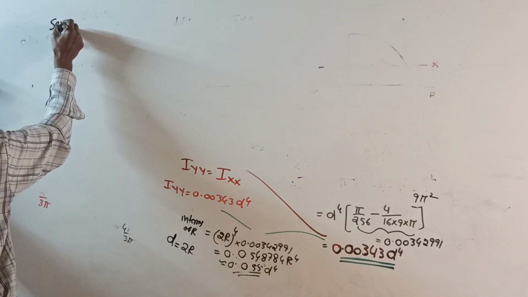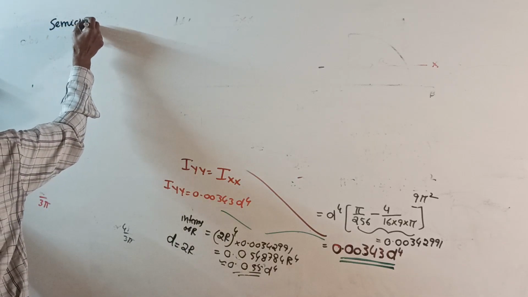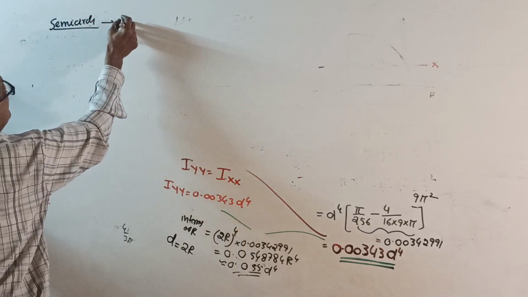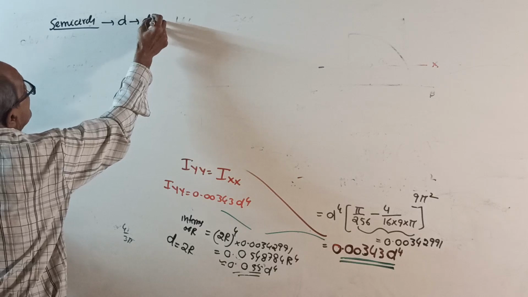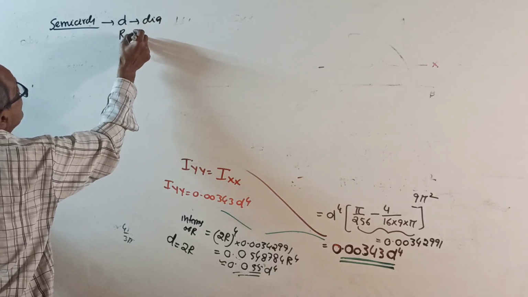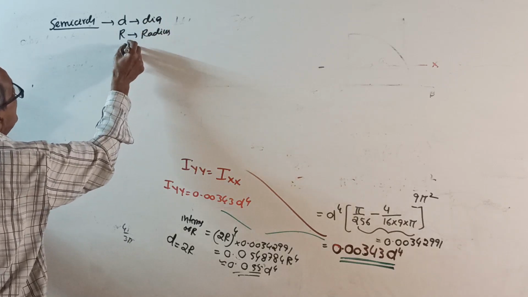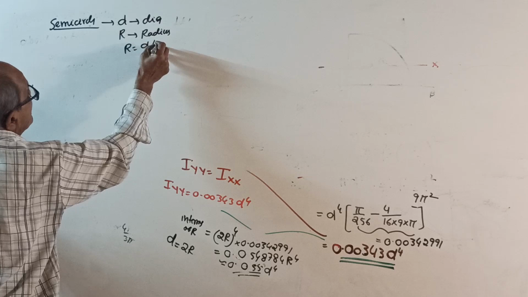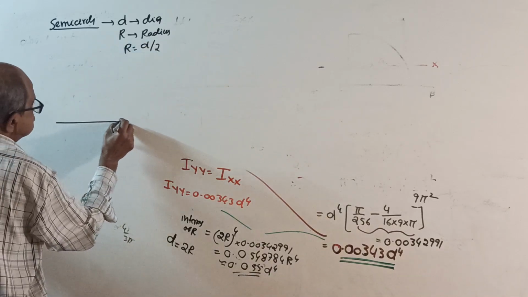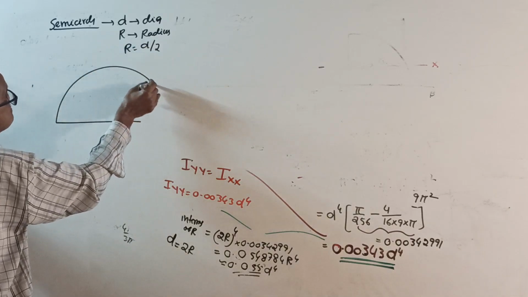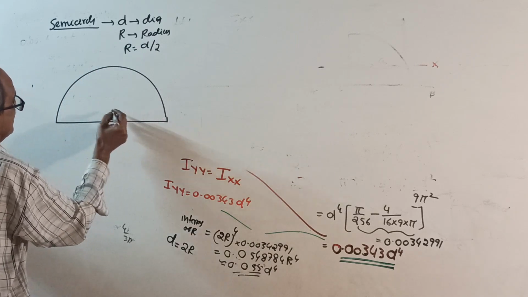Semicircle. D is the diameter, R is the radius. Of course, radius equal to diameter by 2. Semicircle here.